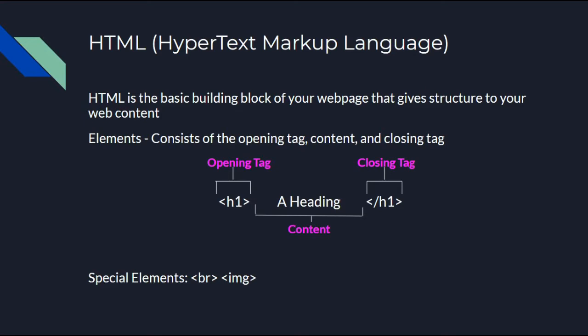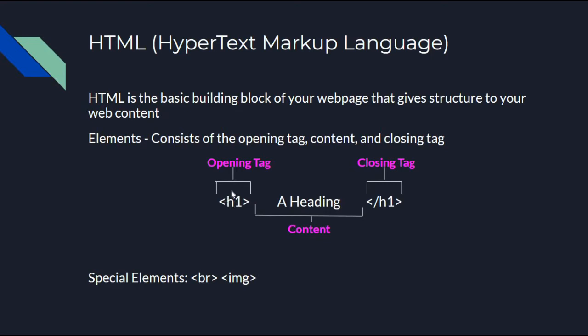So HTML is the basic building block of your web page that gives structure to your web content. HTML consists of elements. Elements consist of an opening tag, the content, and the closing tag. Now you can see this nice image. Tags are placed within angle brackets.